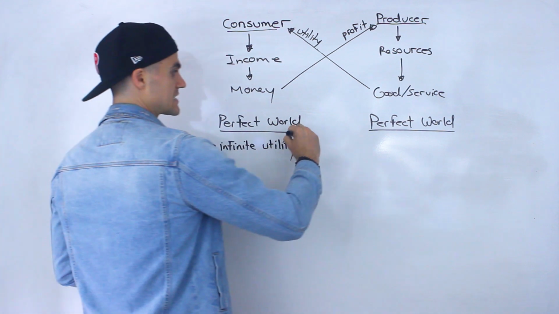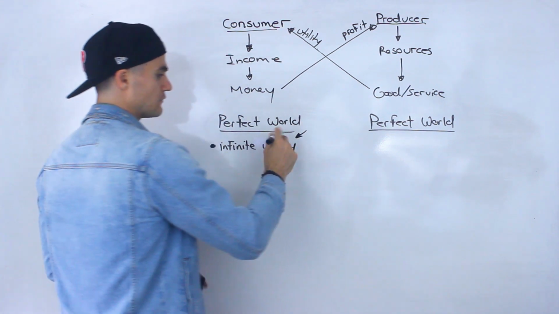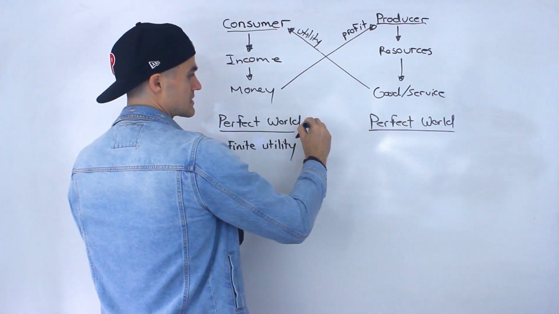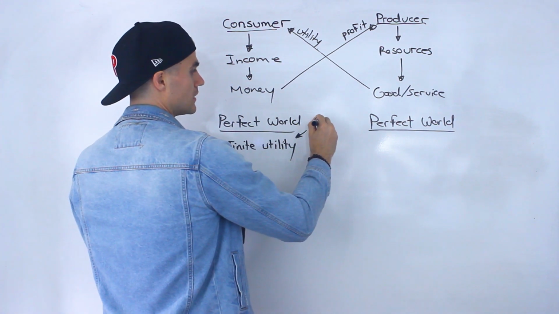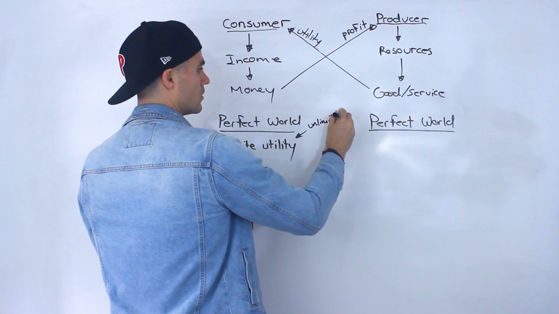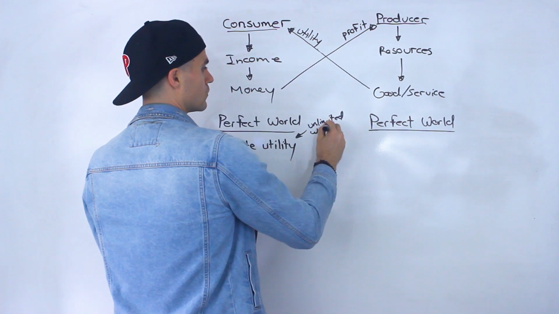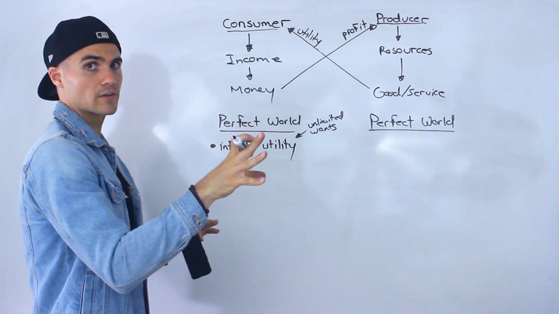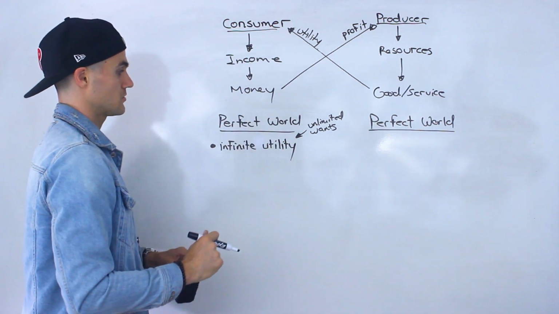Okay, sometimes you'll see this, wanting infinite utility, infinite satisfaction. Sometimes you'll see this being called unlimited wants. And we'll come back to this, unlimited wants, when we talk about something called an economic problem. I'm going to mention it soon.